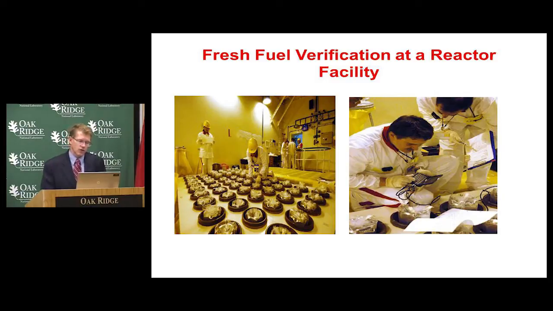Secondly, the picture on the right looks like an NDA measurement being taken on the fresh fuel to make sure that the material in these containers are as declared and comply with the information provided by the facility.